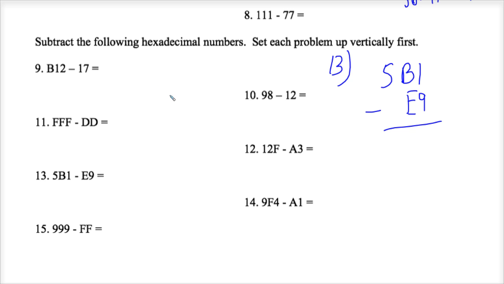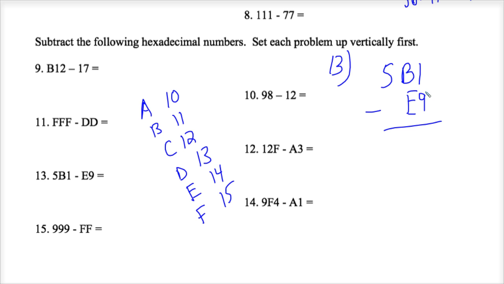Well, before I even do a hex problem, I make a little cheat sheet. A in hex is equal to 10 in decimal, B is 11, C is 12, and so on. And of course, you always stop at F, because that's just the way the hexadecimal digits work.